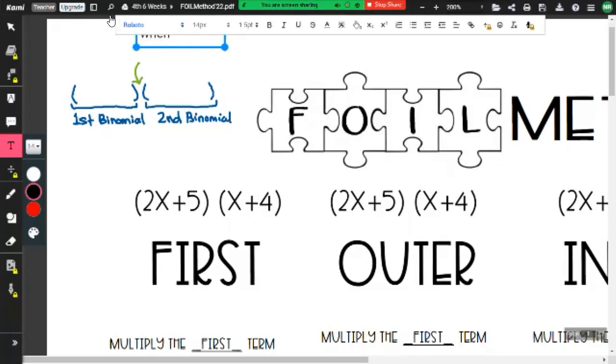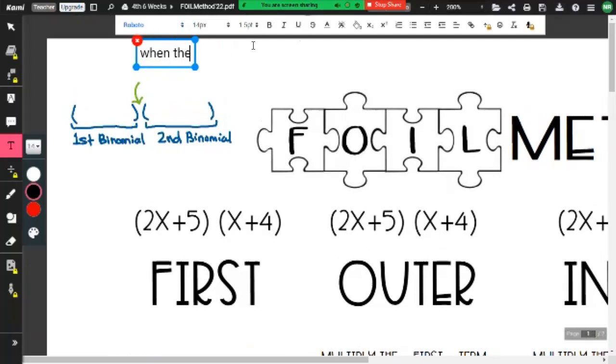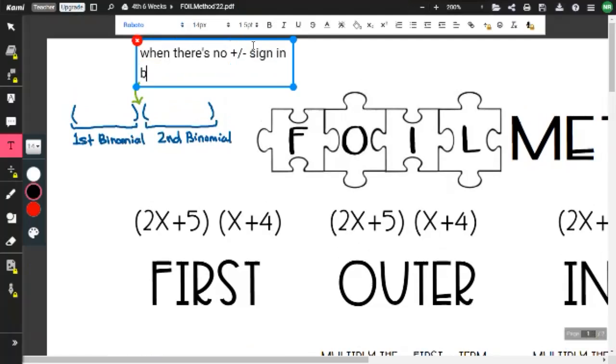When there's no plus or minus sign in between, it is understood to be, let me underline it, multiplication.